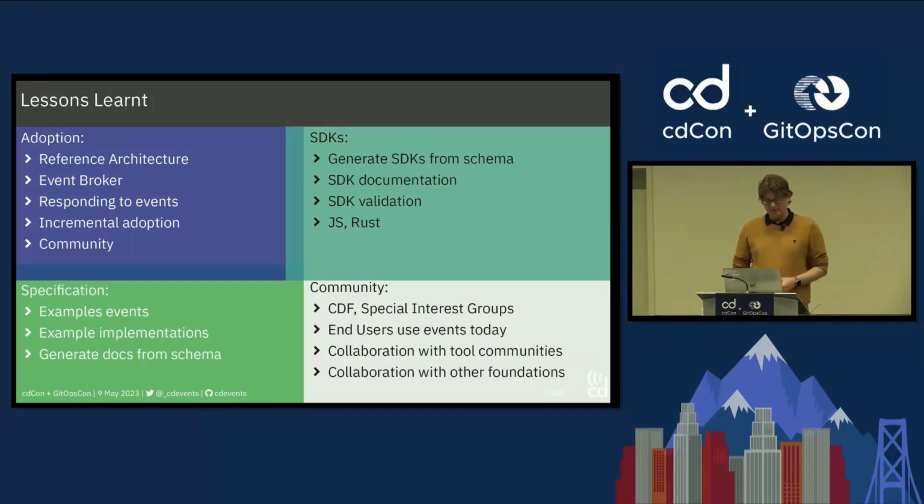Another area which was easier for Spinnaker but harder for other projects is responding to events. So okay, I get these incoming events, but what do I do with them, right? You can store them in a storage. You can try to take decisions in real time based on them, but there is no guideline at the moment on how to do that. There are some implementations happening, but again, we don't have a reference architecture for that.